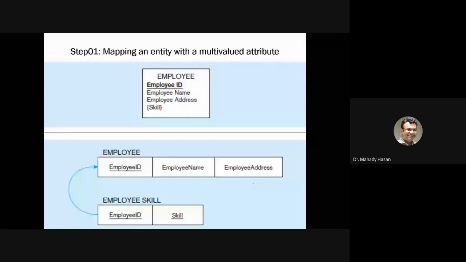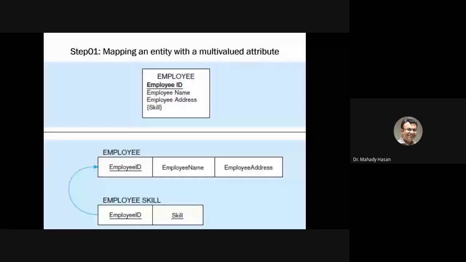This is what we have. What we have? Multi-valued attribute. Okay. And how have they made the relationship? Can anyone explain?